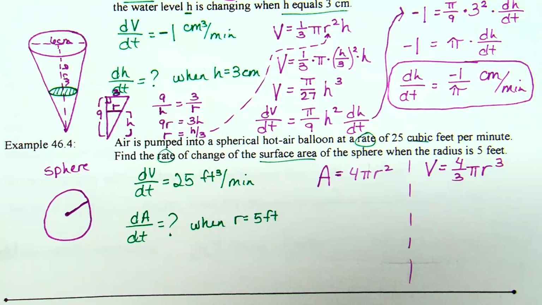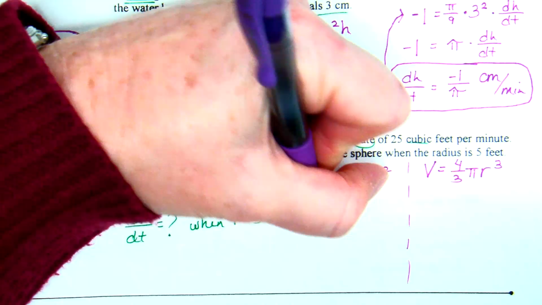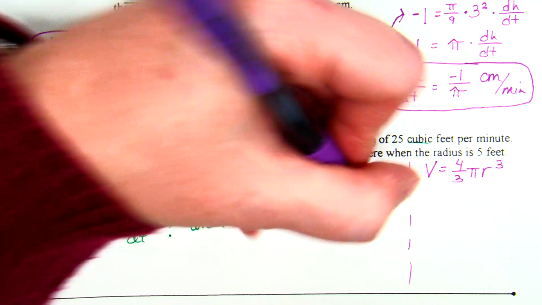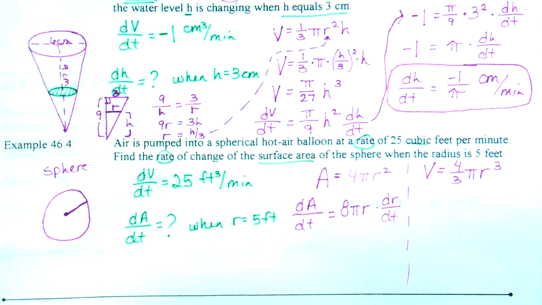Because we need to talk dV/dt and dA/dt, we're going to have to differentiate both of them. Let's start by differentiating area. The derivative of area is dA/dt equals the derivative of 4 pi r squared. Multiply the 2 out front, so it's 8 pi r, subtract 1 from the exponent, and then times dr/dt.